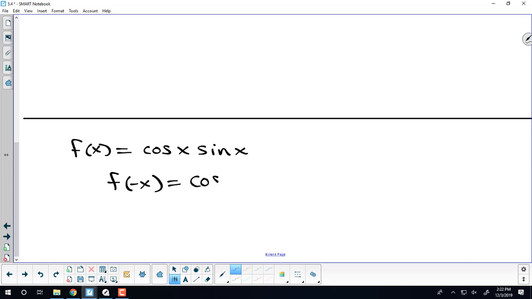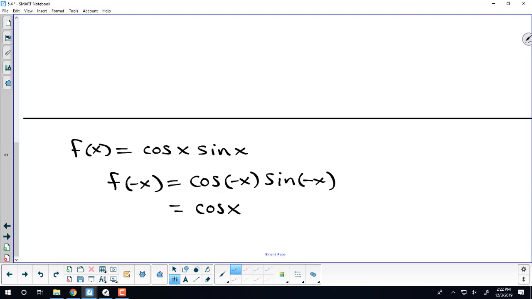That's cosine of negative x times sine of negative x. Since cosine is even, what's the cosine of negative x? Cosine of x, right? So that's the same thing as just cosine of x, because cosine is even.